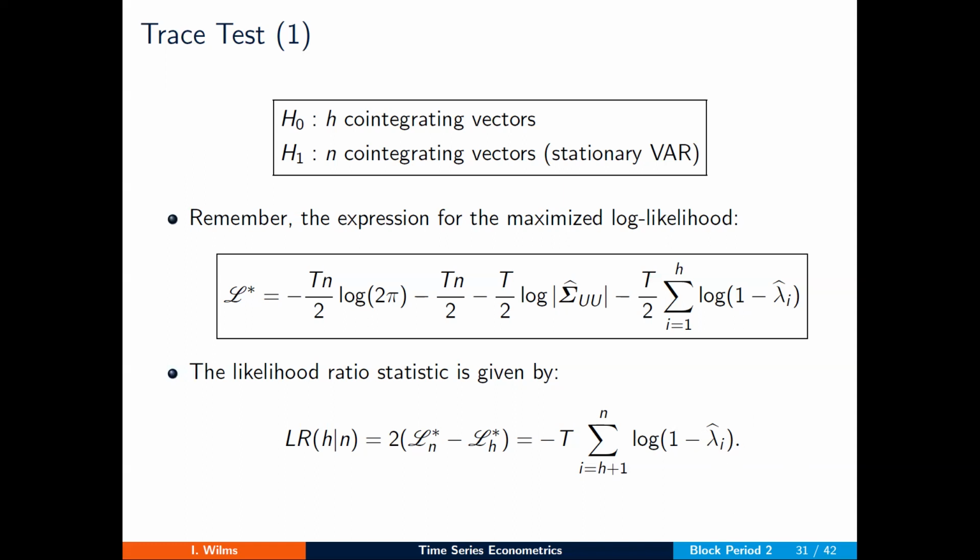And so we would have here a sum of these logs that are close to 1 because the lambda hats are small. And so then the test statistic would also be small. And indeed, as always for the likelihood ratio test, we would not reject the null for small values of the test statistic.